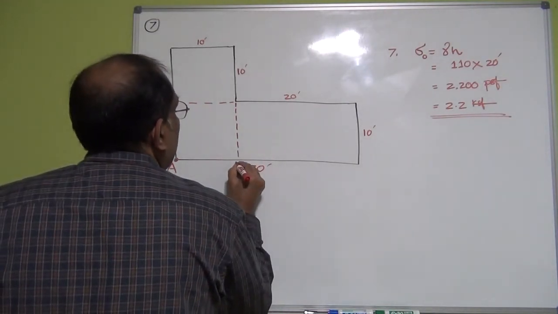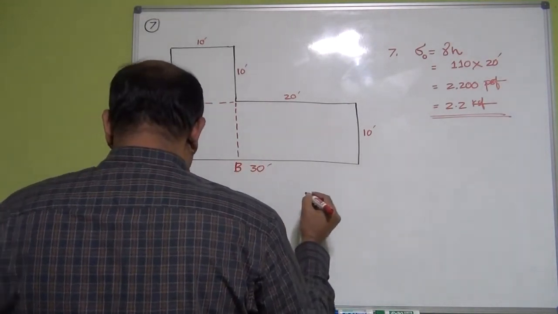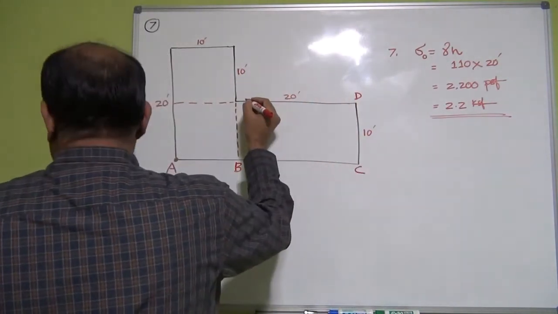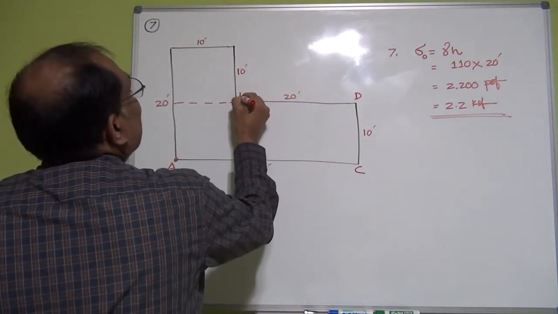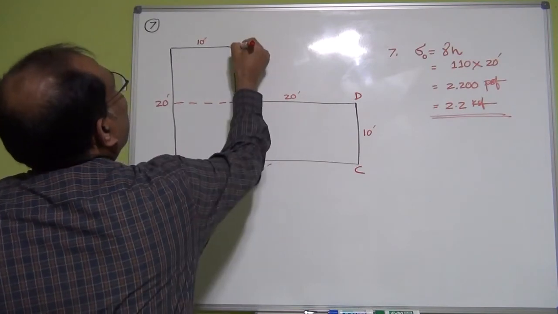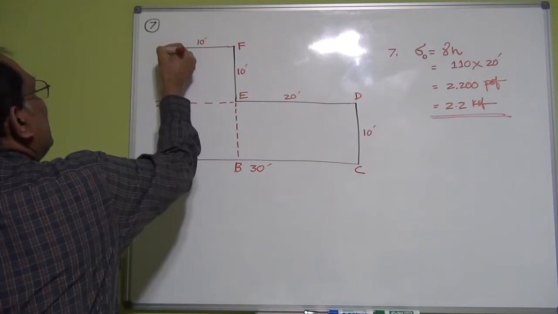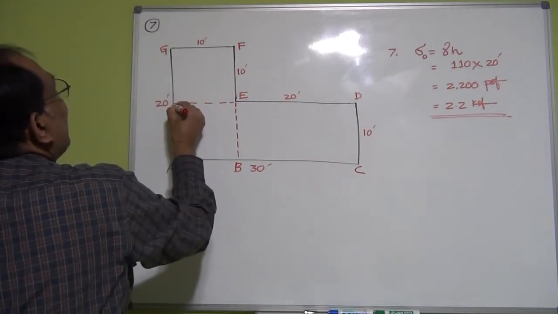Let's say this is B, this is C, this is D, this is E, F, G, and H here.